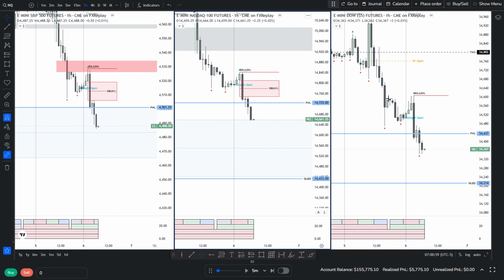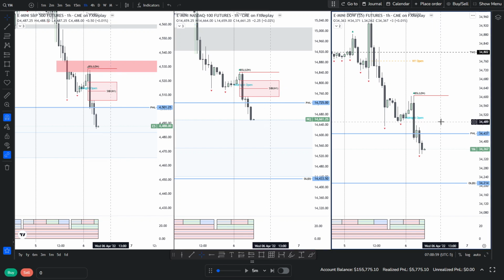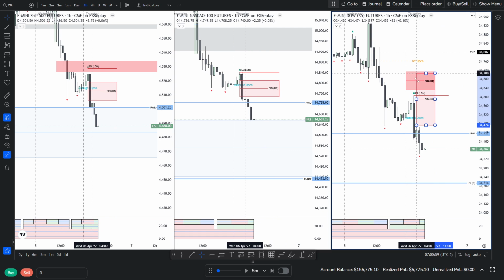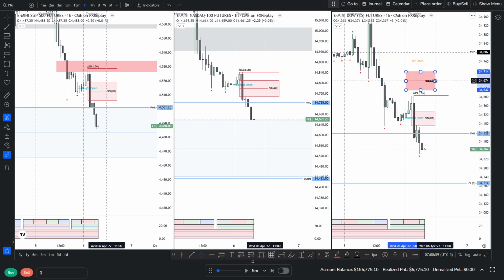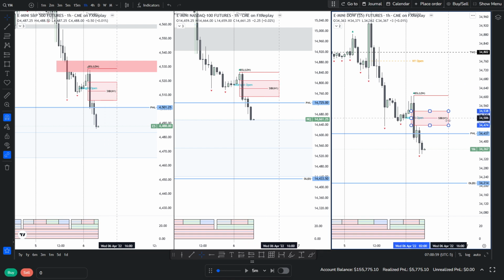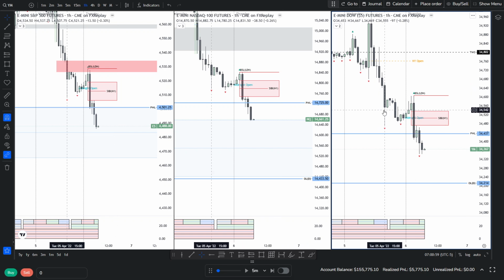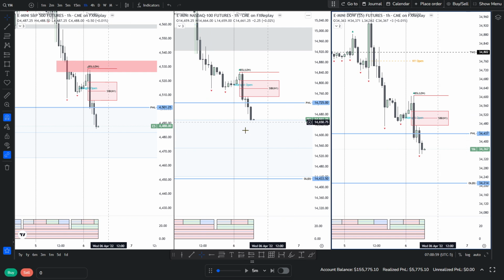Now, one of the things I do want to note is keeping an eye on where we are in proximity. So we're trading into this weekly imbalance.